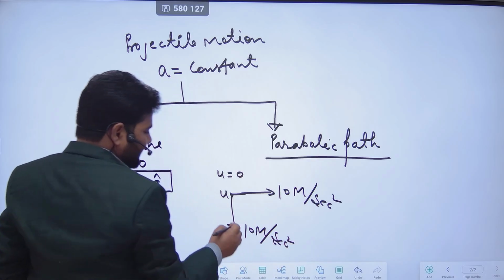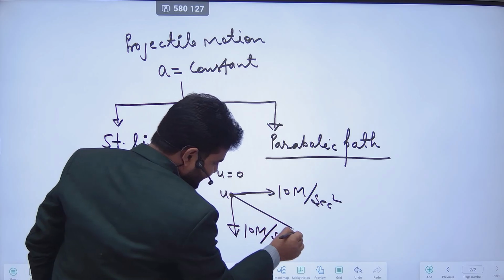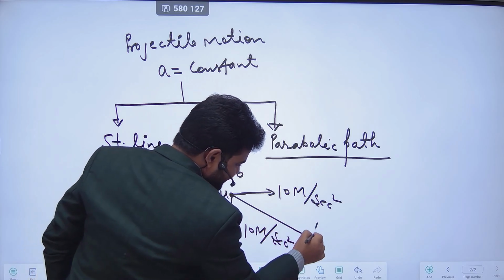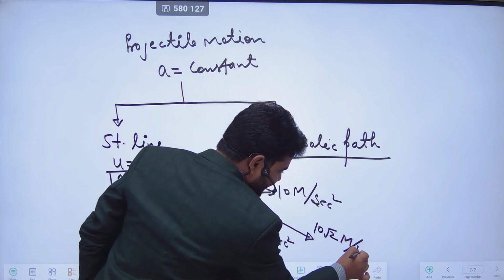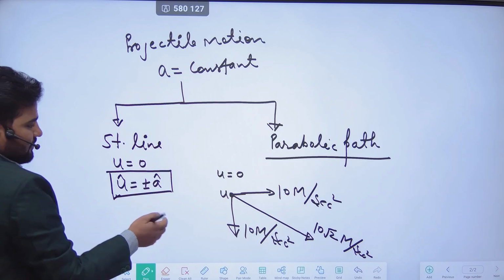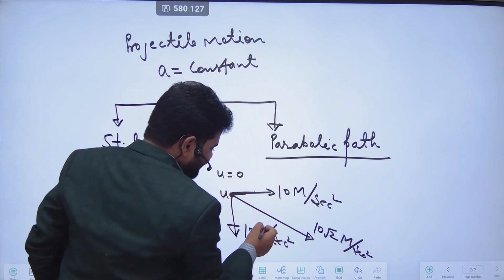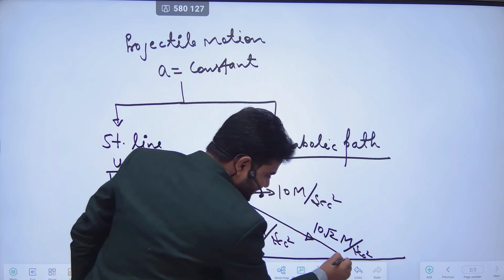So the particle is at rest at t equal to 0. The net acceleration acting on this particle is 10 root 2 meter per second square, and that is constant. So it comes under the first category, and we can say that the particle will move on a straight line.